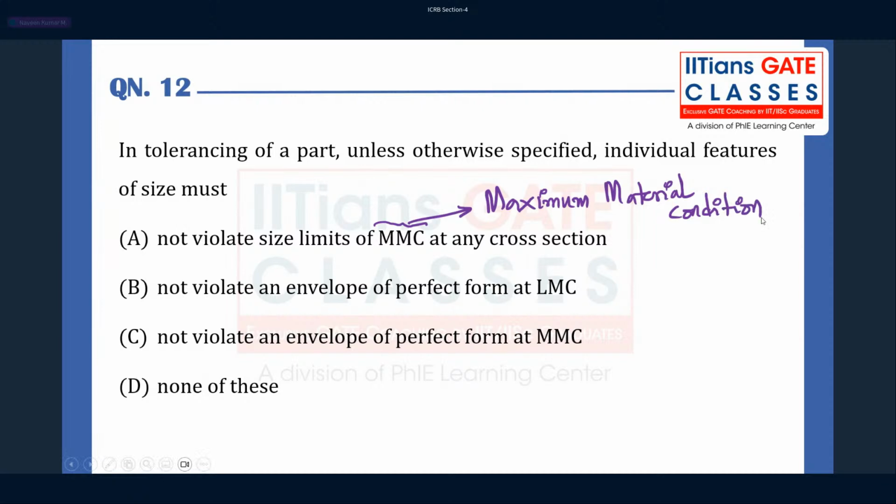So the maximum material condition we have to discuss. LMC is least material condition.